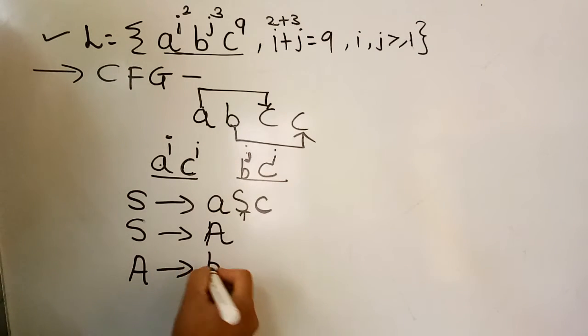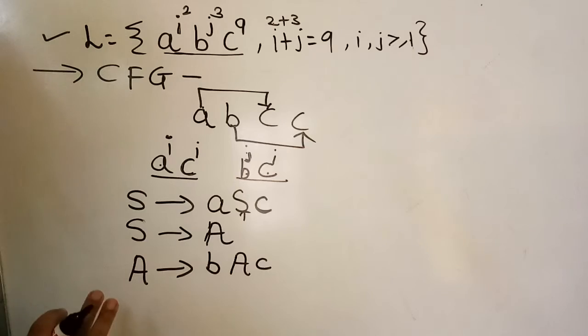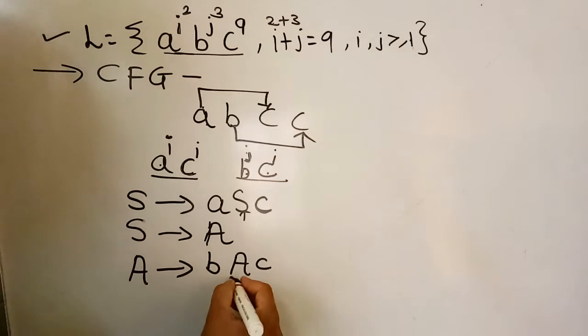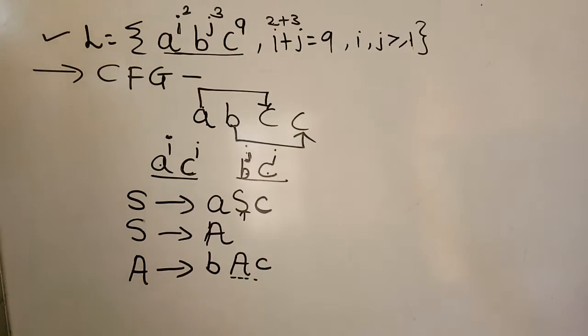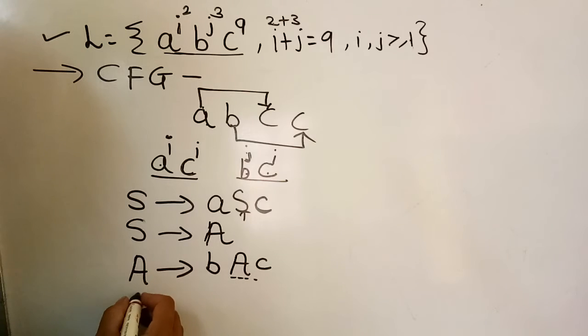Again it will be B A C because it is a combination of b's and c's. Finally we need to stop at one position, so A will be replaced by BC.